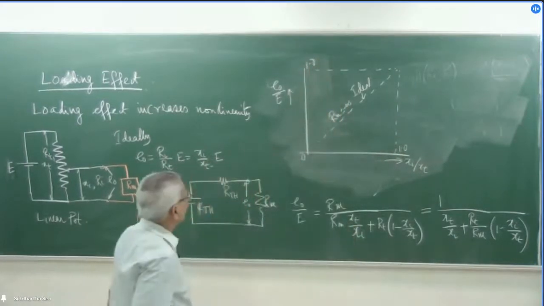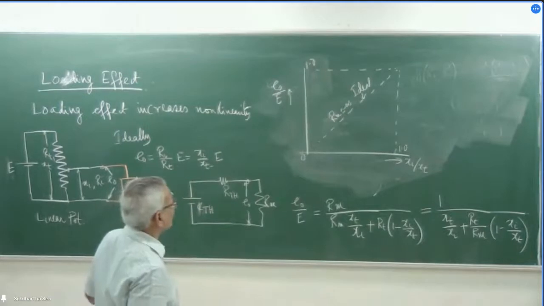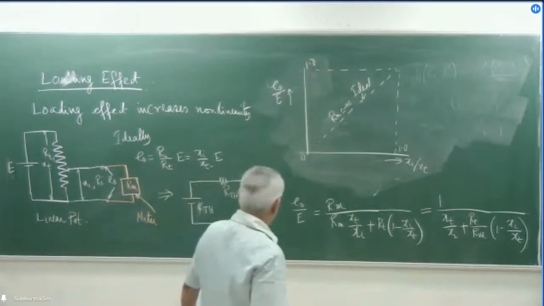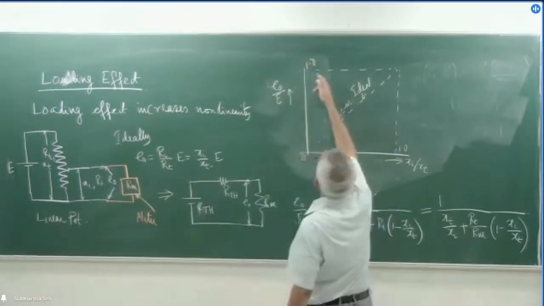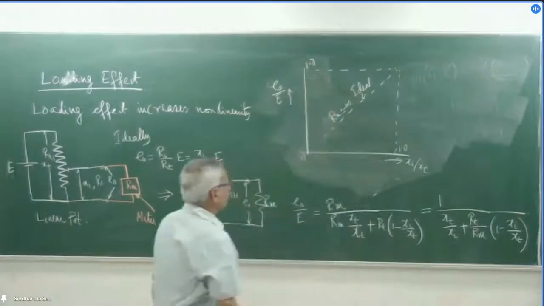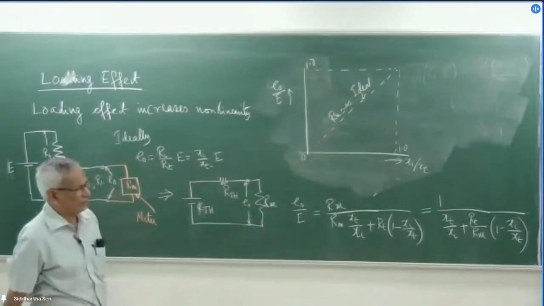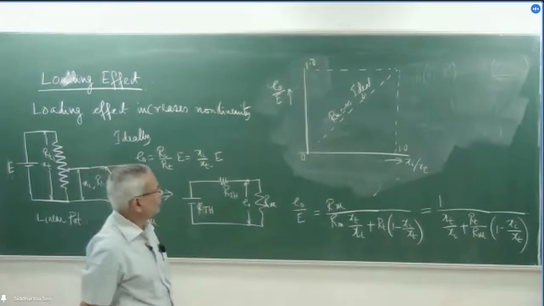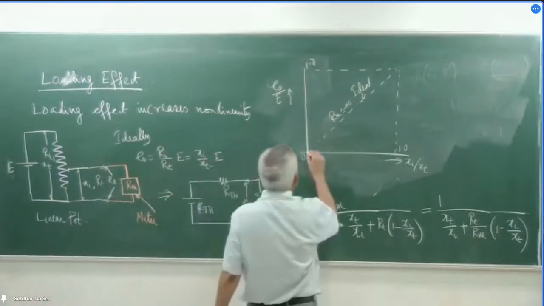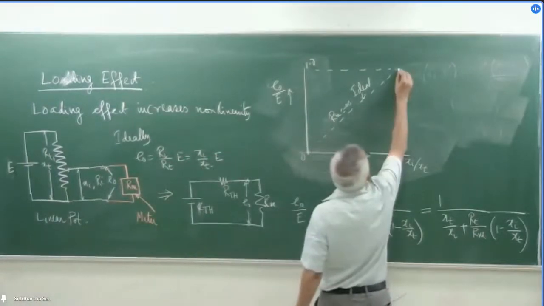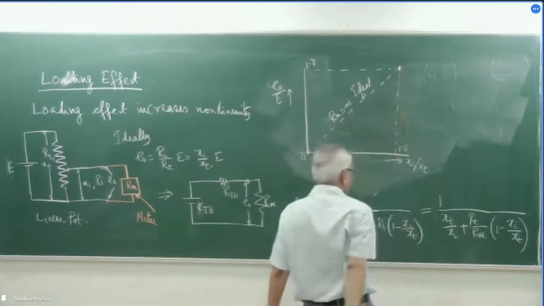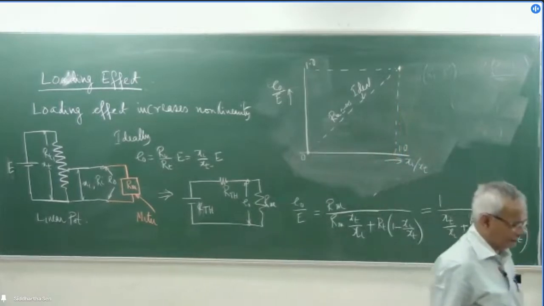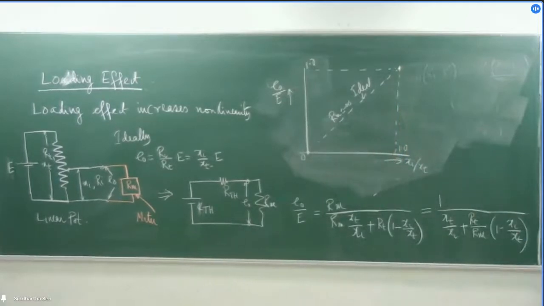So we know that if Xi is equal to Xt, the output voltage will also be E0 equal to capital E. So these points and these points are always fixed. But what will happen if Rm now decreases?